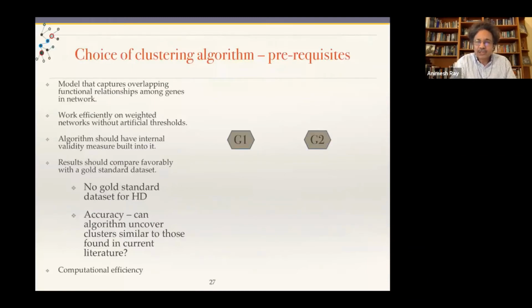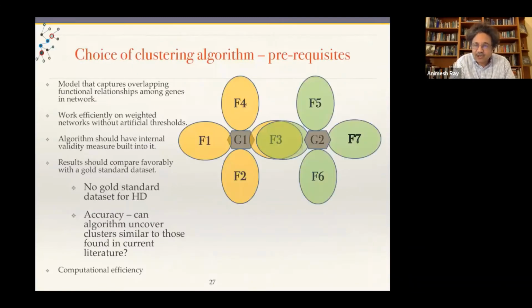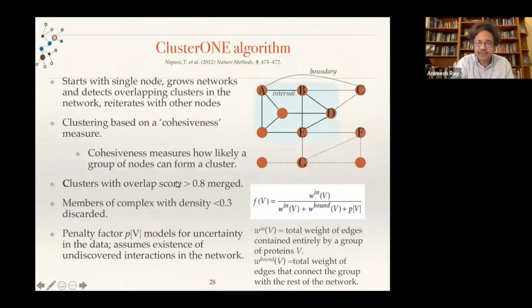So we used a kind of clustering in which two genes, G1 and G2, were put into one cluster if they had some overlapping function. And each of these proteins may belong to two different clusters because of other aspects, other properties.